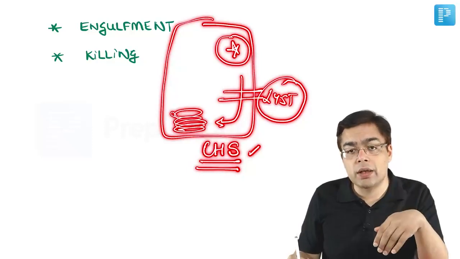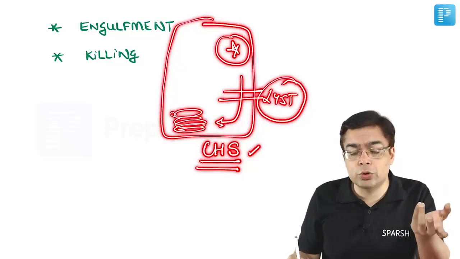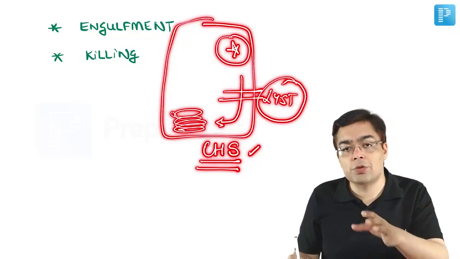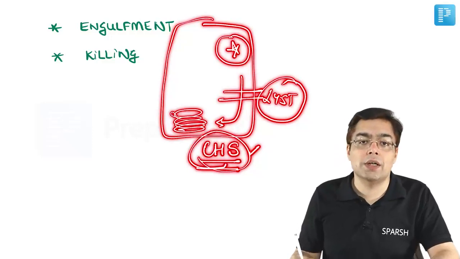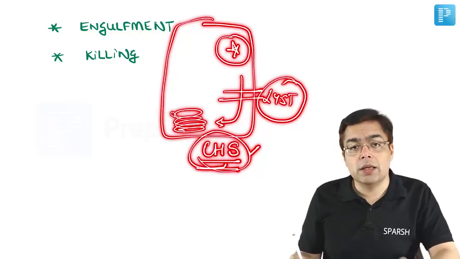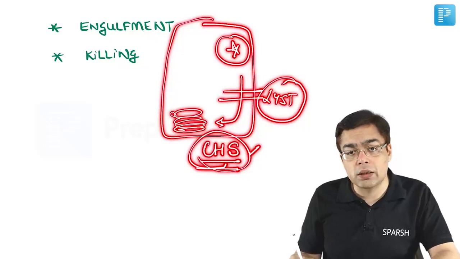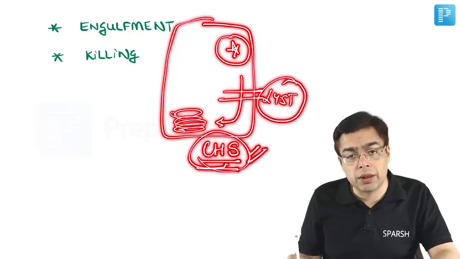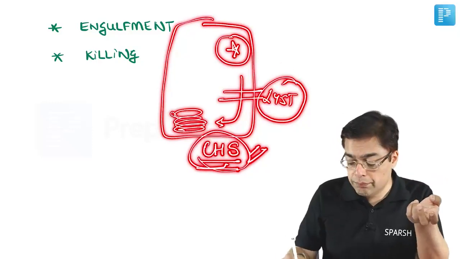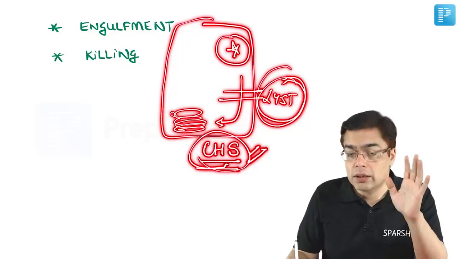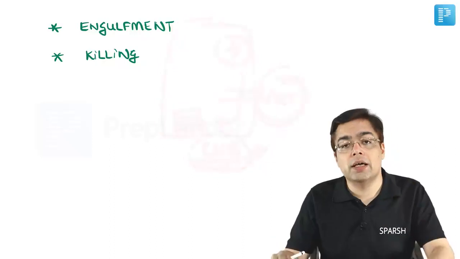There can also be associated neurological manifestations at times. One of the characteristic features of Chediak-Higashi syndrome is the presence of giant granules in the peripheral smear. That's a very important hint for the exam. Failure of fusion of lysosome with the phagosome because of a LYST protein defect is what you associate with Chediak-Higashi syndrome.